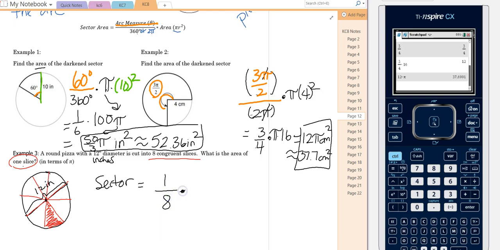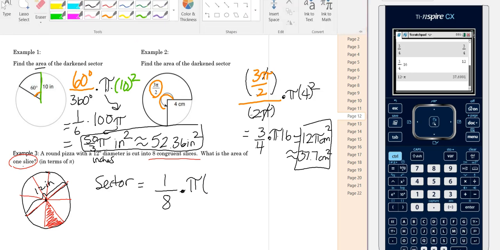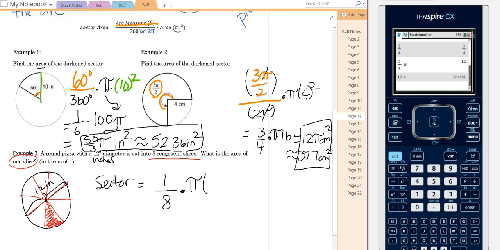We're going to still multiply by our area formula, which is pi r squared. Pi times our radius, and now this is where we have to be careful because what they gave us was our diameter, right? This was a diameter of 12. We want radius. So we have to take that 12 and cut it in half to give us 6, because the radius is actually 6. So that is what I'm going to use, and then square it.